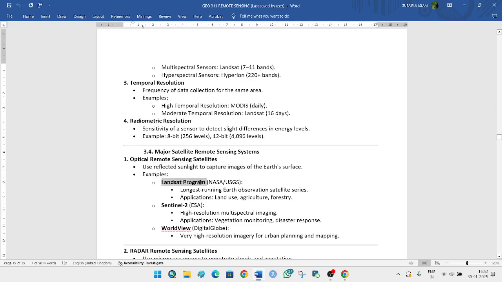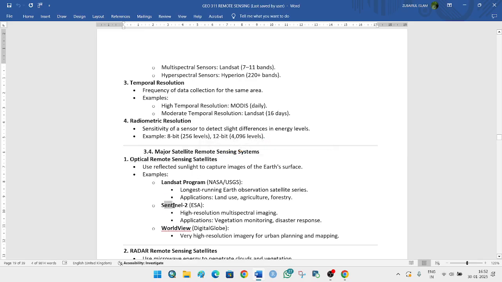This is Landsat data. This is longest running Earth observation satellite series. Right, it started from 1972. So if you are using Landsat data, you can observe the surface of the Earth. What was there in 1972? Okay, so this is an example of optical remote sensing satellite data.